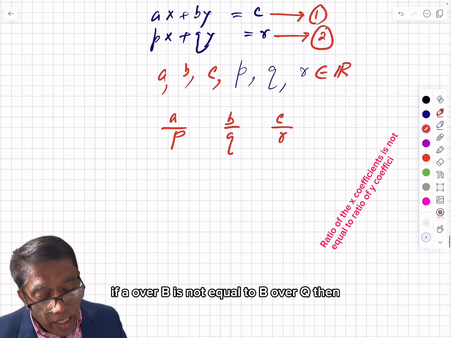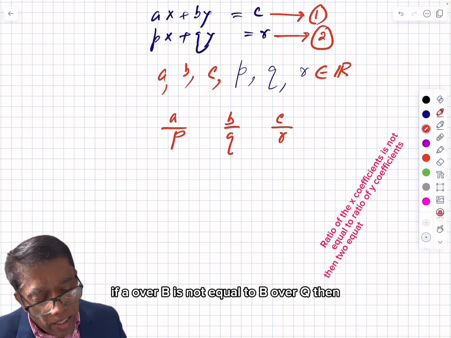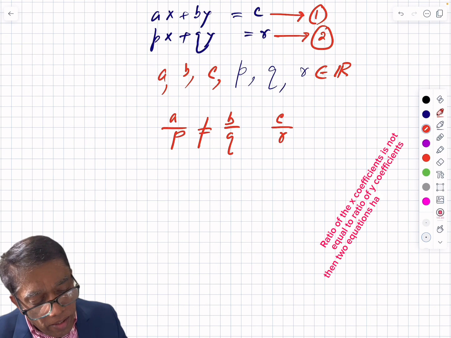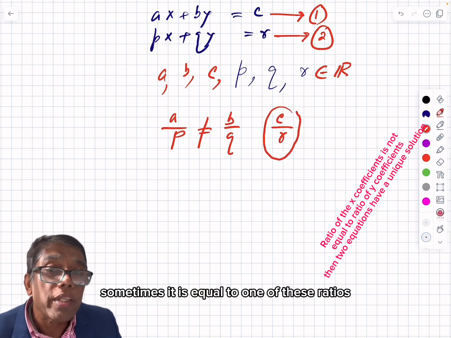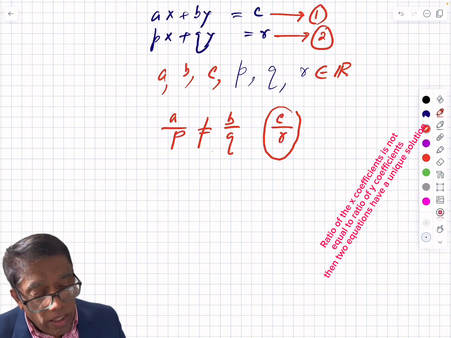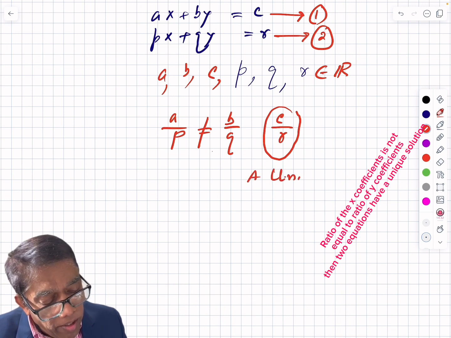If a over p is not equal to b over q, then this is important. Sometimes it is equal to one of these ratios. We can say there is a unique solution.